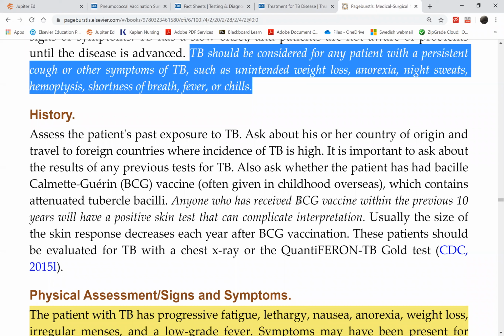In foreign countries, mostly third world countries where it's endemic, including mine, we have a high chance of contracting it. So all our newborns, around 30 days, in the first month, will be given a BCG vaccine.